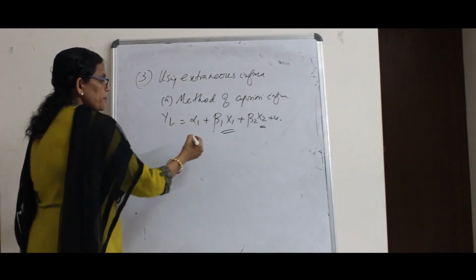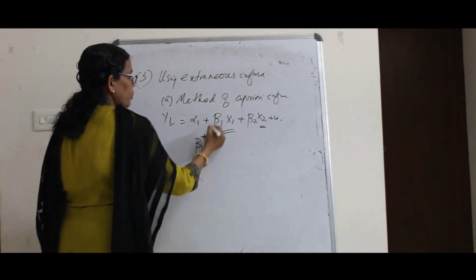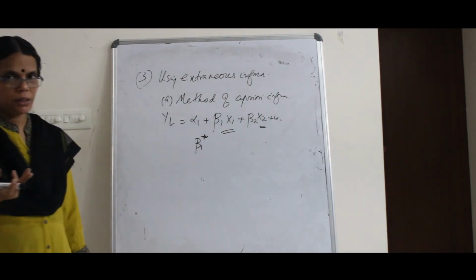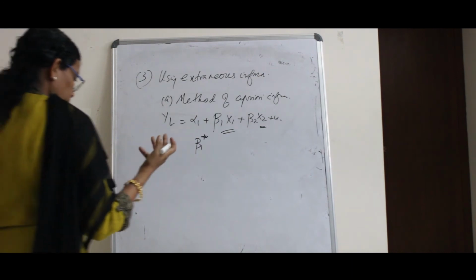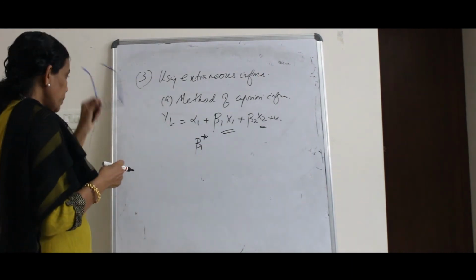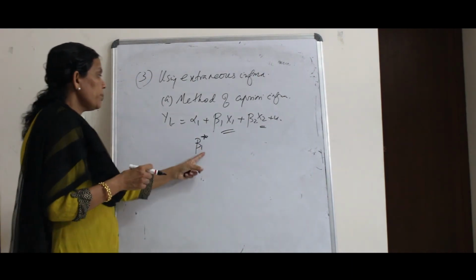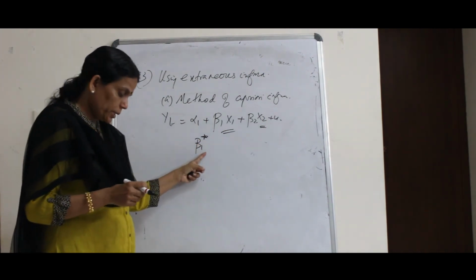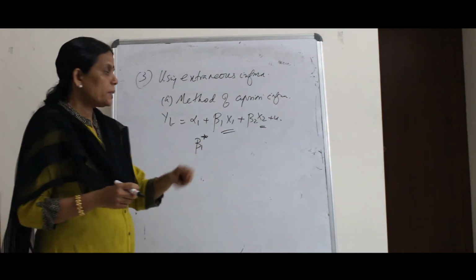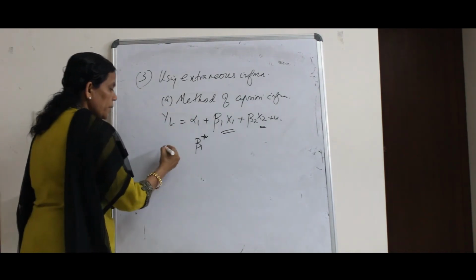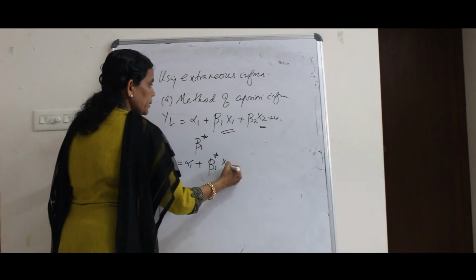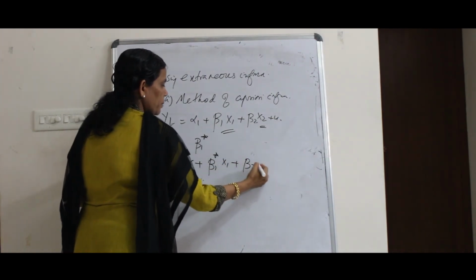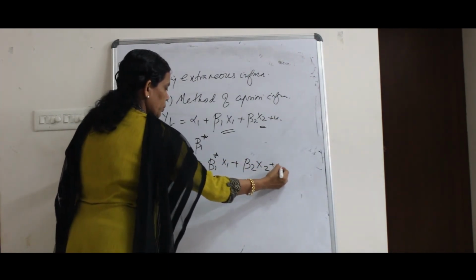So suppose by some study you have obtained the value of beta 1 as beta 1 hat. It may be the price coefficient or income coefficient. So now you can write yt is equal to alpha 1 plus beta 1 star x1 plus beta 2 x2 plus u.